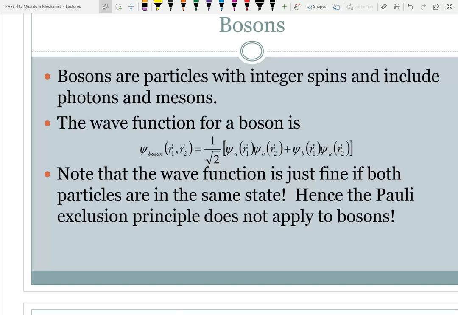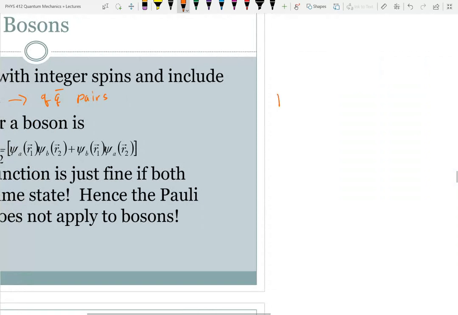Questions? What's a meson? Mesons are intermediate weight particles. It actually turns out they are quark anti-quark pairs. For instance, a proton is 2 up quarks and a down quark.